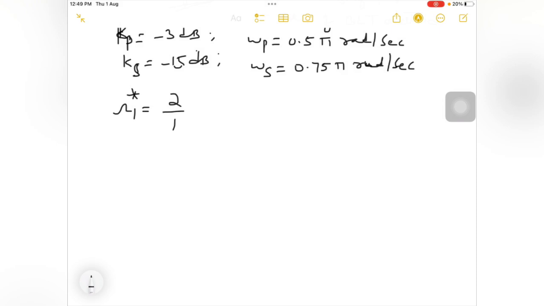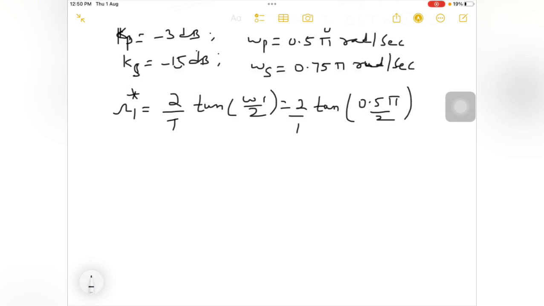It is given by omega 1 star equal to 2 by T into tan of W1 by 2, or Wp by 2. T value is 1. The value of W1 is 0.5 pi, so tan of 0.5 pi by 2. If you simplify, you will get omega 1 star or omega p star is equal to 2 radian per second.